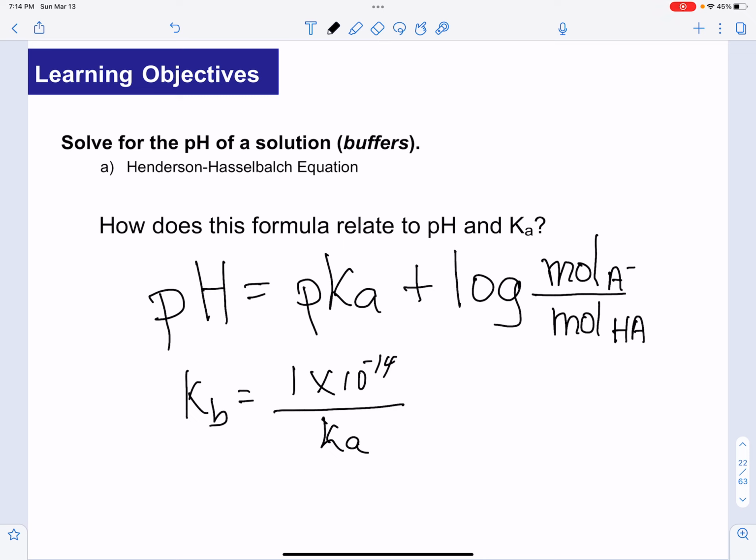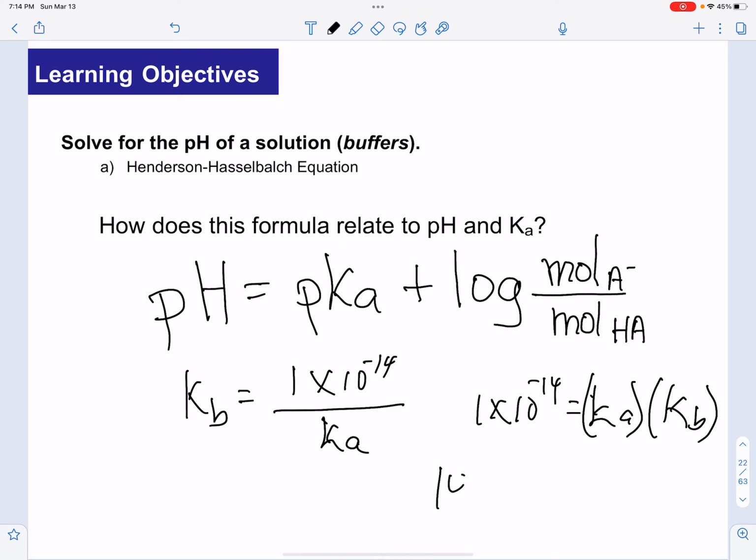So you can find one given the other, because remember, 1 times 10 to the minus 14 equals Ka times Kb, which is the same as 14 equals pKa plus pKb. So there are so many ways that you can approach a problem like this.